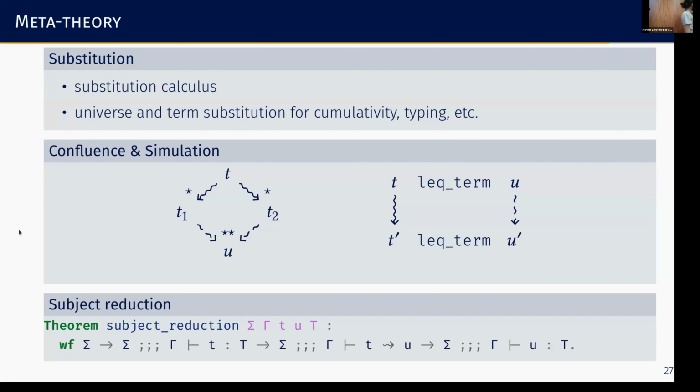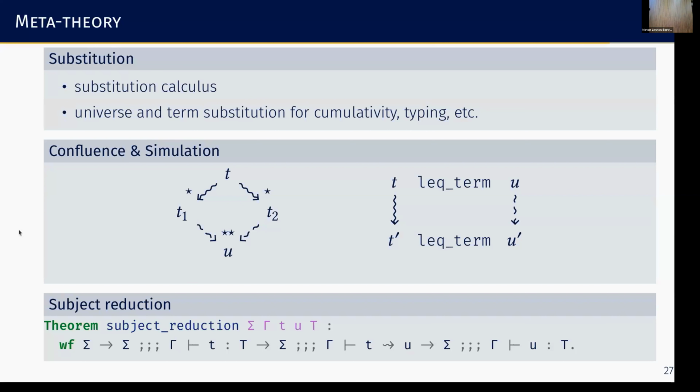So the substitution property, with a bunch of substitution calculus and then universe substitution as well, and we show that everything is respected in the right way. So typing is preserved by substitution. The big property where we have to work a little bit is to show confluence of this reduction relation, using a standard technique from lambda-calculus, the Tait-Martin-Löf confluence proof, and also a simulation.